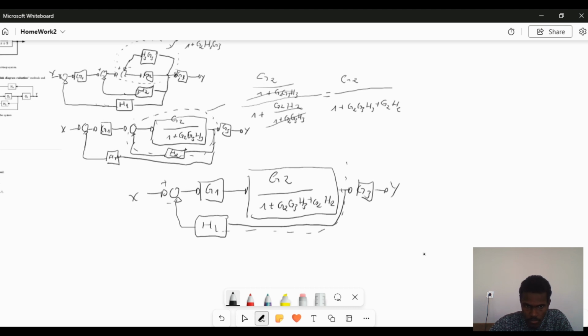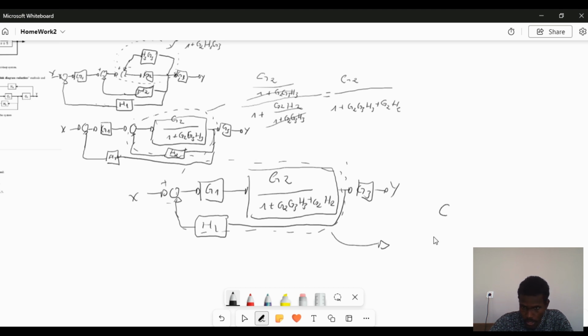And here we can see that we have again a closed loop transfer function, which is this one. So again, you can calculate it here. We have the forward path, it is G1 times this transfer function.